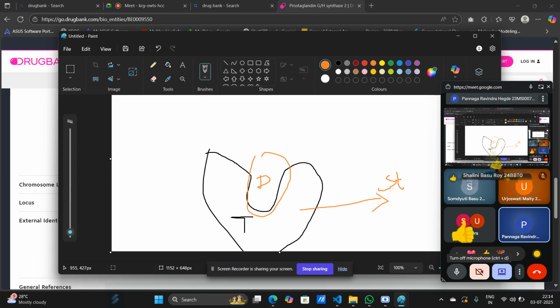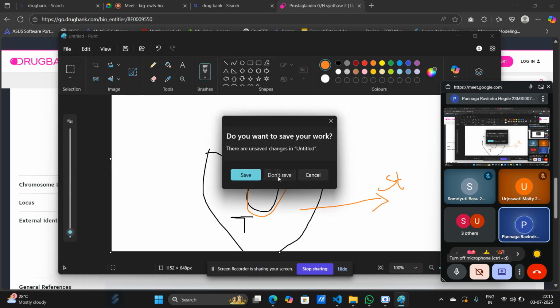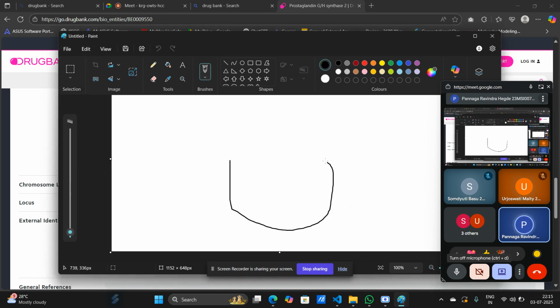Okay. Now coming to the fourth, there is something called the antagonist mechanism of drug action. In the antagonist mechanism, again you have the target, so let me just name it as T, and then you have the drug. But here the drug is going to block the target.